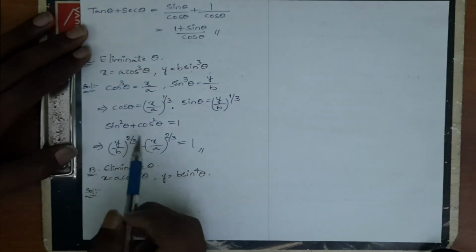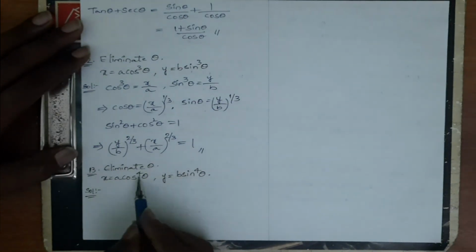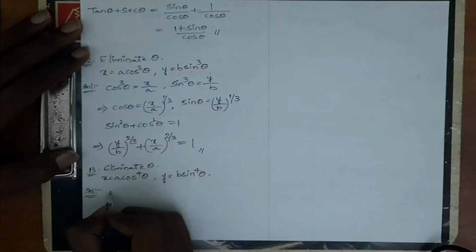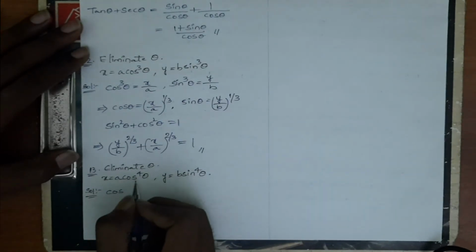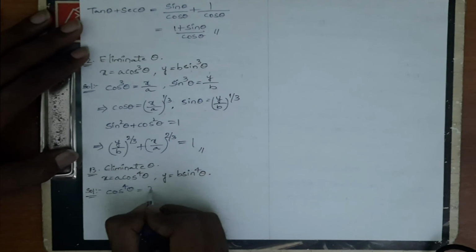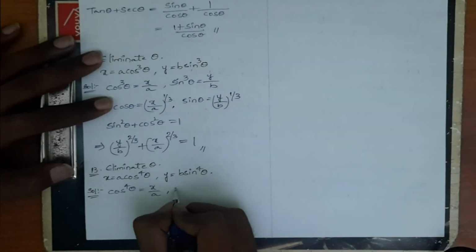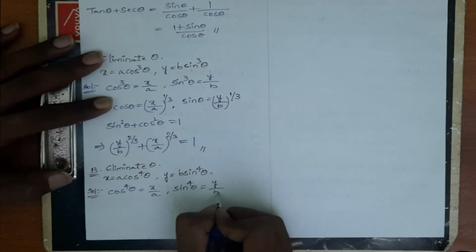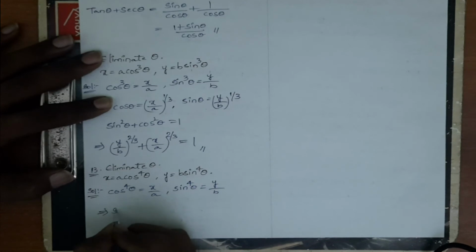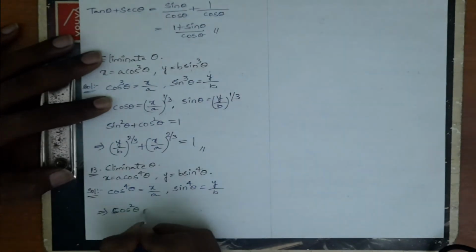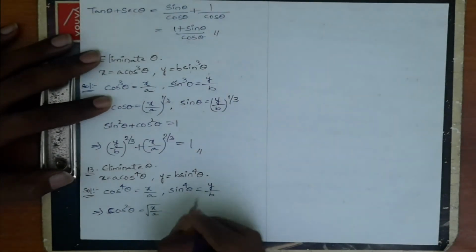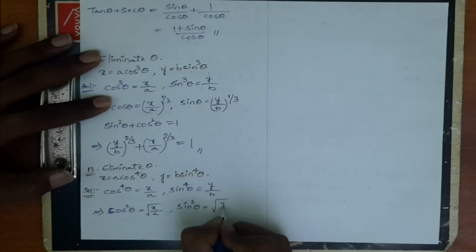The next question is a similar question, but the difference is we have power 4 here and power 3 there. In the same way we write cos power 4 theta is equal to x by a, and sin power 4 theta is equal to y by b. So we can write cos square theta equal to root of x by a, and sin square theta equal to root of y by b.